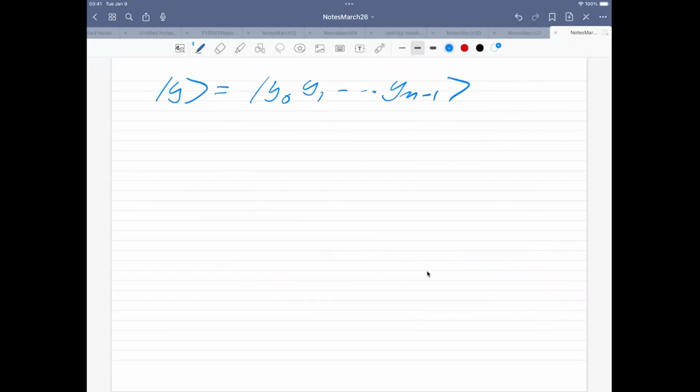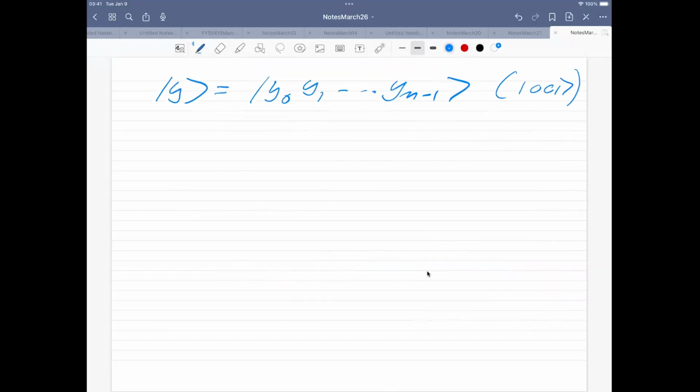So that's one way to classify it. The example was for the 3-qubit case, we had 0, 0, 1, where y0 would be 0, y1 would be 0, and y2 would be 1.